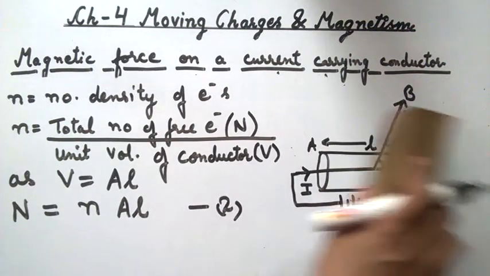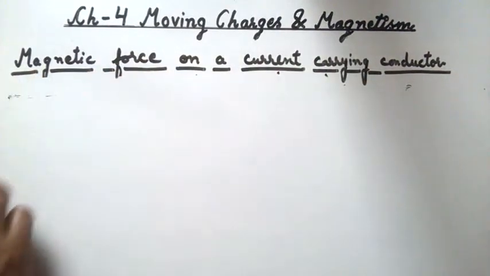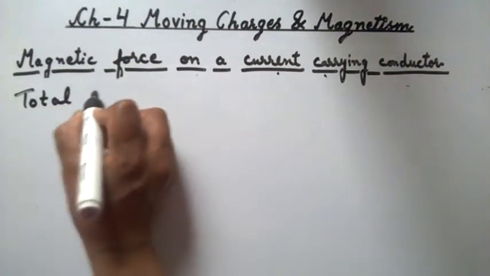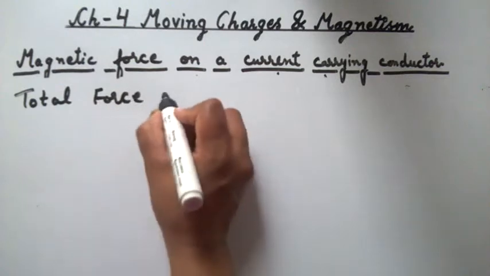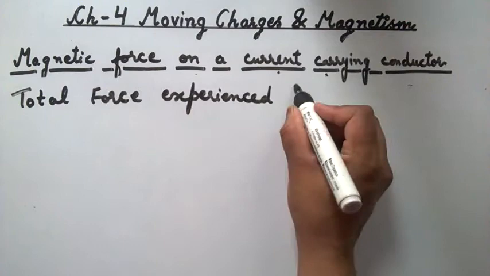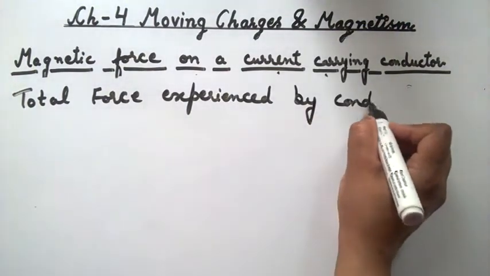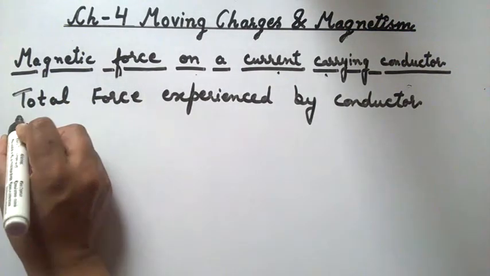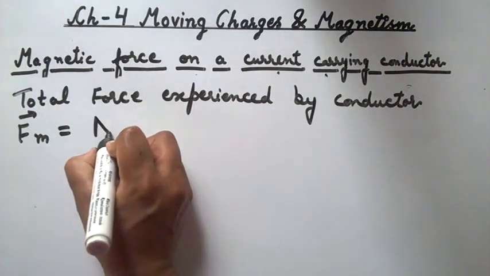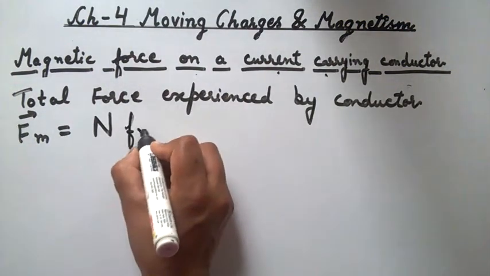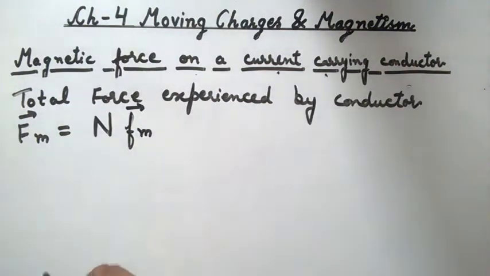Now the total force experienced by a current carrying conductor because of the movement of electrons is equal to the total number of free electrons into the magnetic force experienced by each electron.